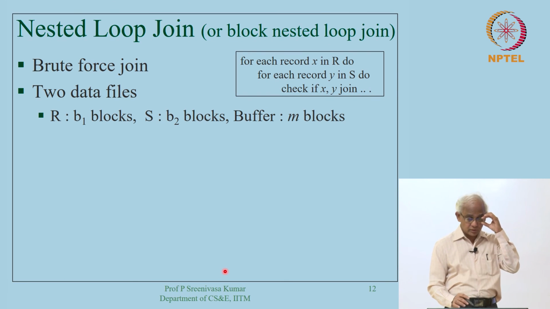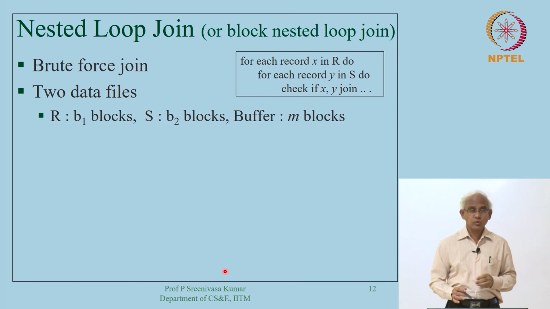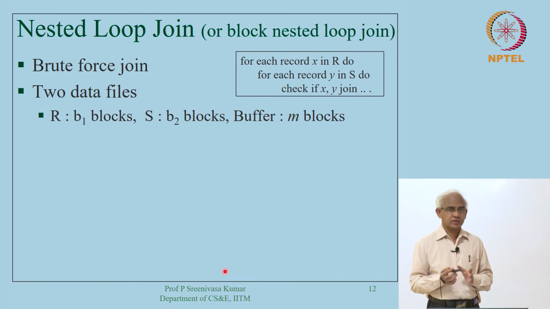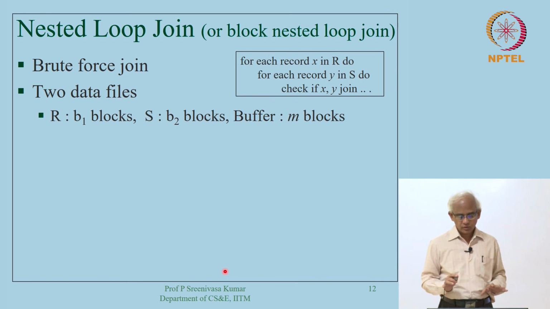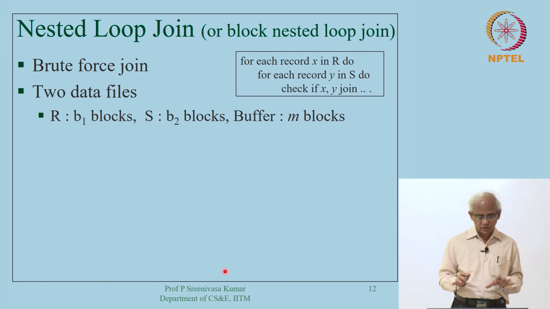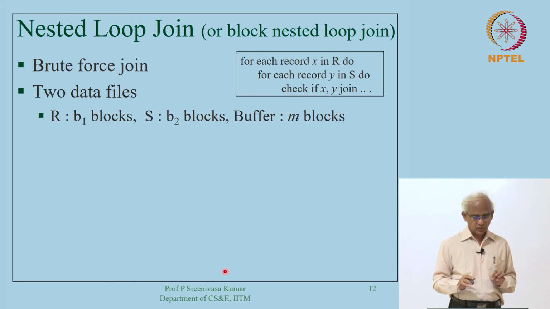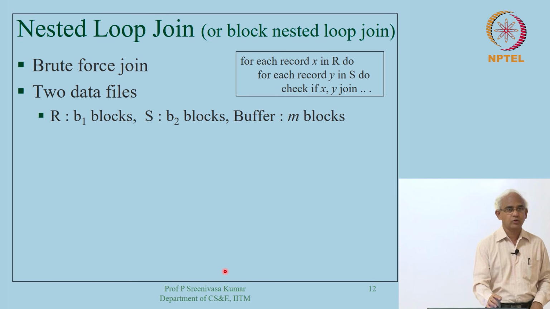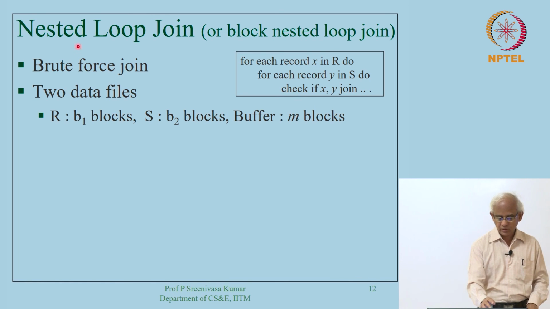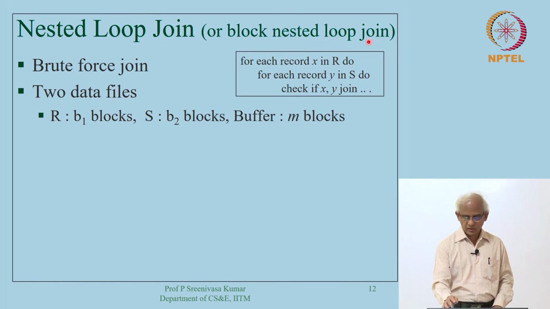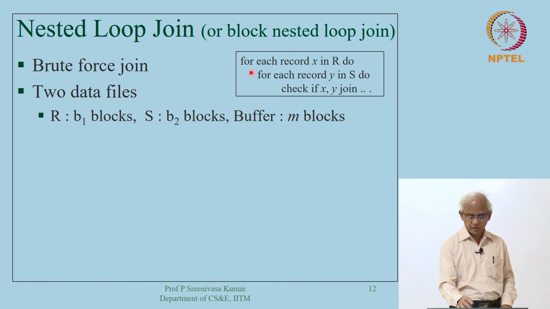Let us consider one brute force kind of join. Let us say we do not have any indexes on those files. So what is the brute force way of joining? This algorithm is called nested loop join or block nested loop join. The join algorithm is very simple to state.